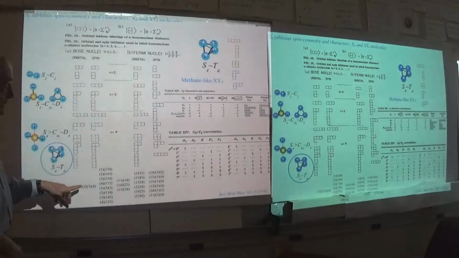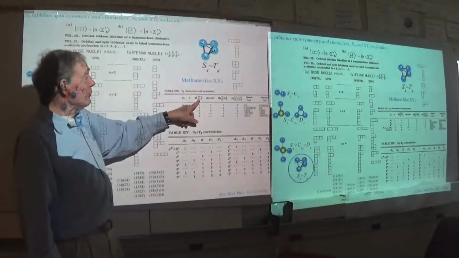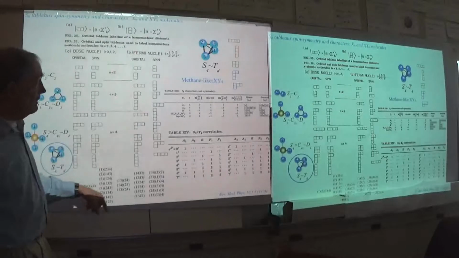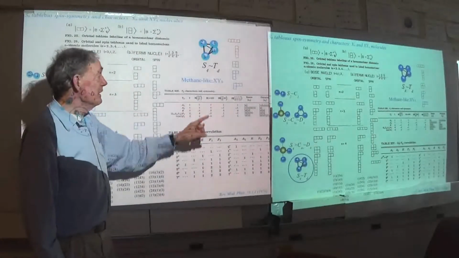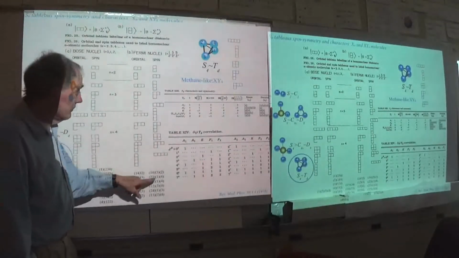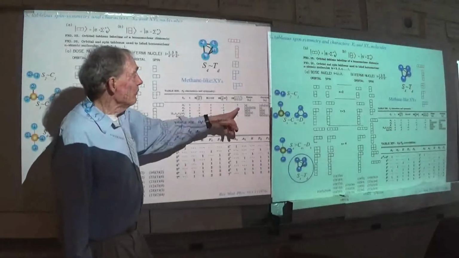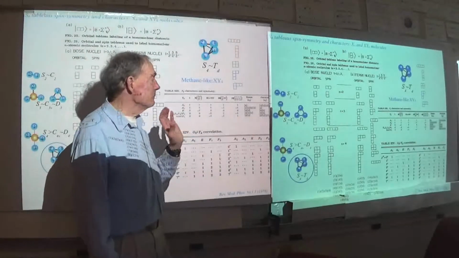And once again, the operations that we're talking about here, 2 pi over 3, 120 degrees, 8 of those behind this class, and then 3 behind that class. And these are the permutations that we're developing now. And these are the old-fashioned notation for those permutations that you used before you could print boxes.